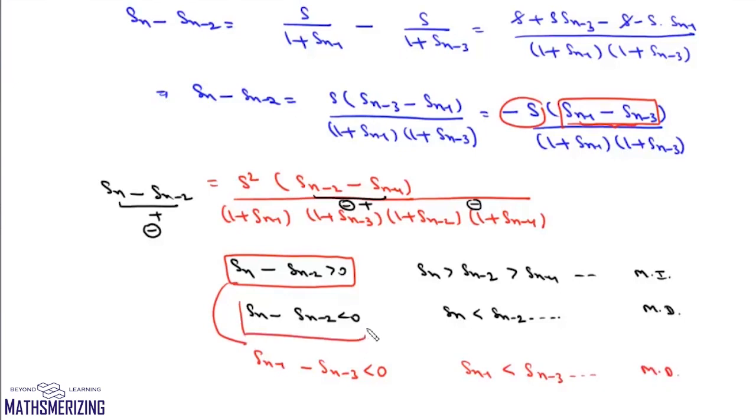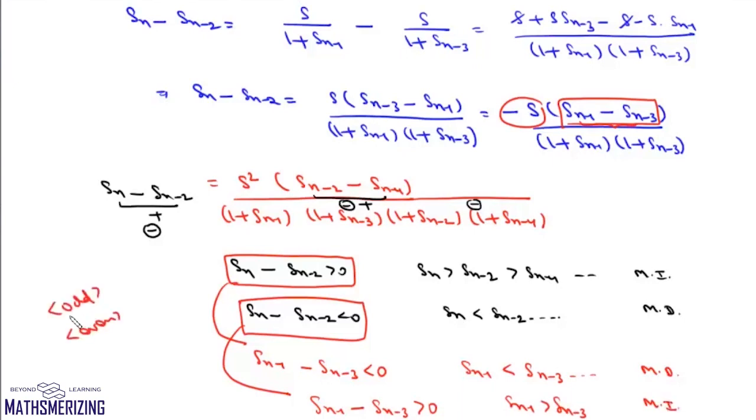And for the second case, when this value is negative, then S_{n-1} minus S_{n-3} will be greater than 0. That is, S_{n-1} will be greater than S_{n-3}. Then the sequence will be monotonic increasing. The two subsequences of odd terms and even terms will both be monotonic. If the sequence of odd is increasing, then the sequence of even will be decreasing, or if the sequence of odd is decreasing, then the sequence of even will be increasing.